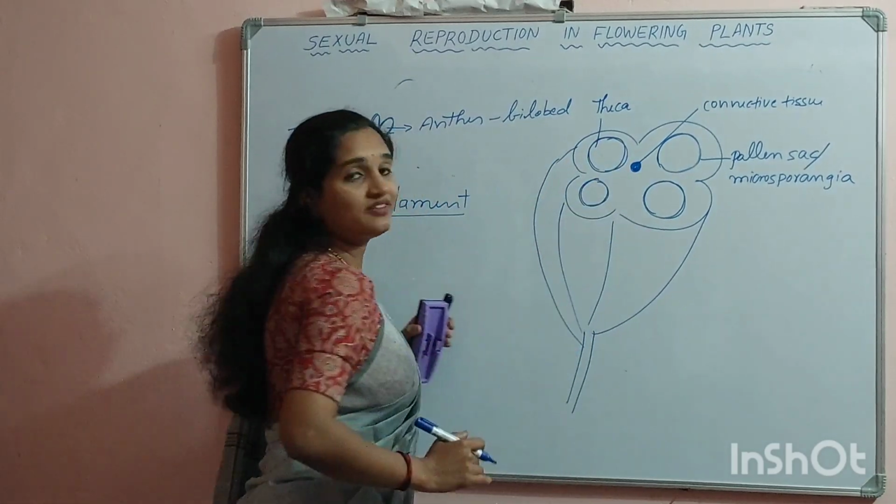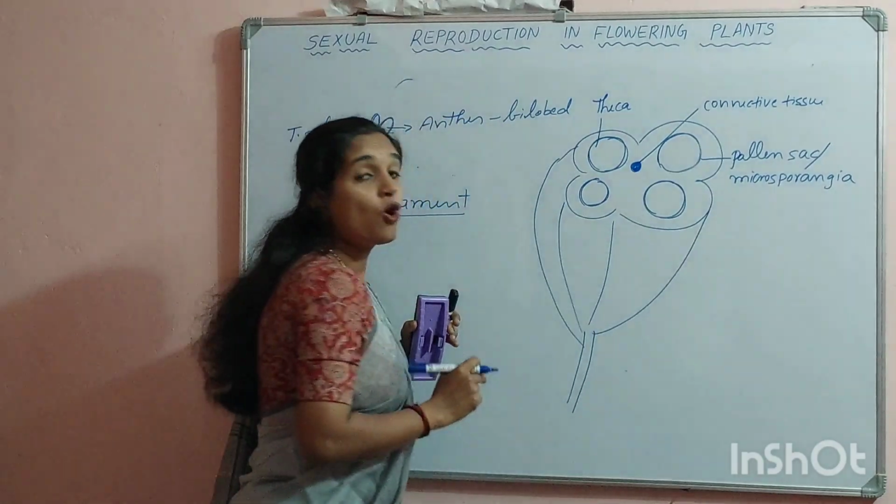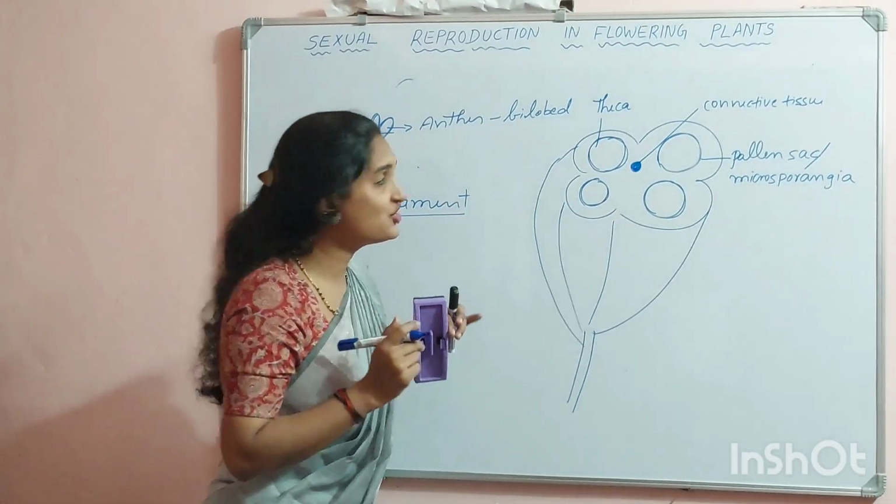So in one section we can see four thecas or four pollen sacs or four microsporangia.